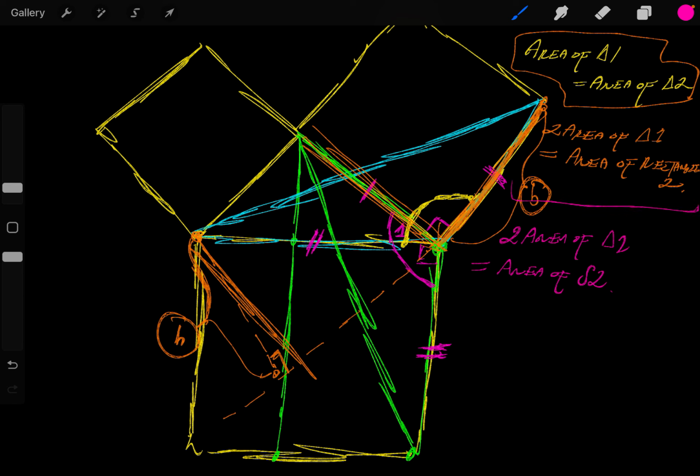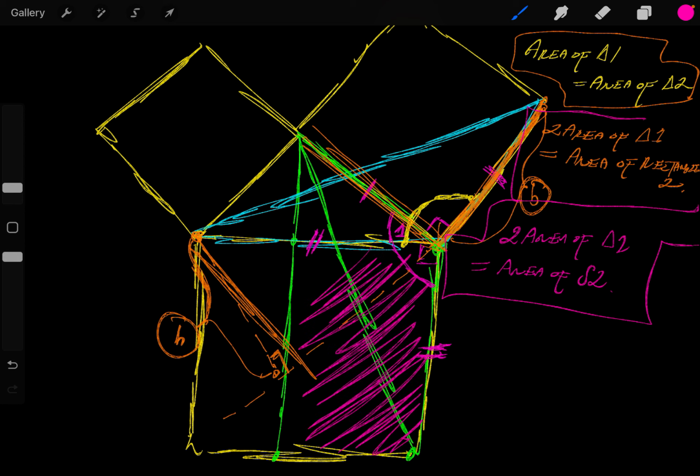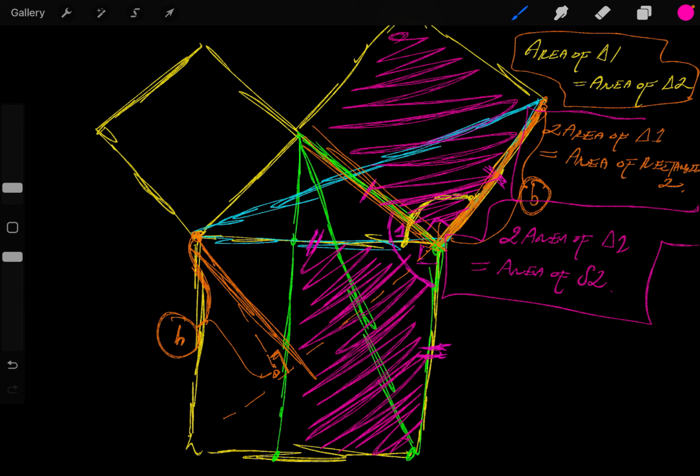And with these 3 things, just like in the last one, I can show that this rectangle's area is equal to the area of this square, because I just play leapfrog a little bit. 2 times the area of triangle 1 is equal to 2 times the area of triangle 2. So let's have that in our minds. 2 times the area of triangle 1 is equal to the area of rectangle 2.